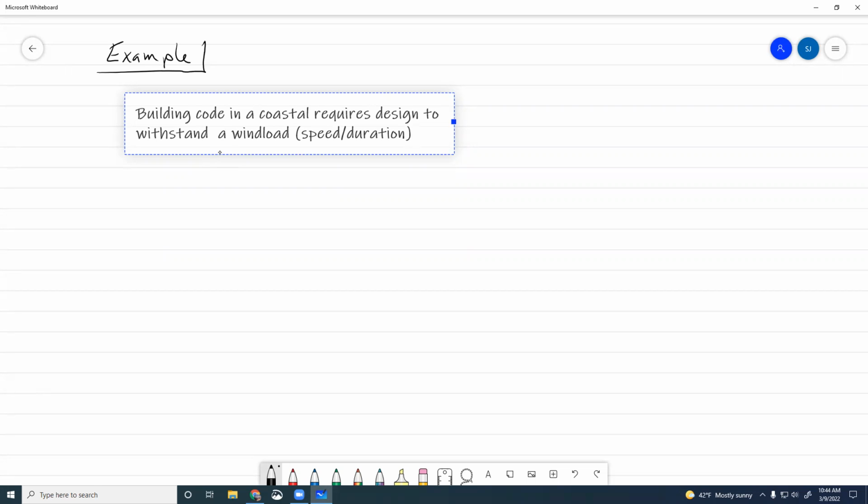So there's some more specificity you'd have to get into for the wind load. So a certain velocity for a certain time, right? With a return period, also known as recurrence interval, of 50 years.